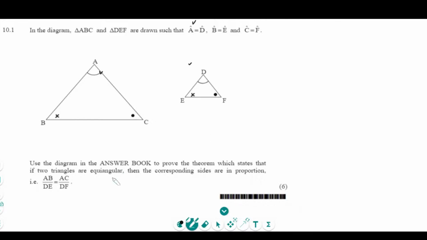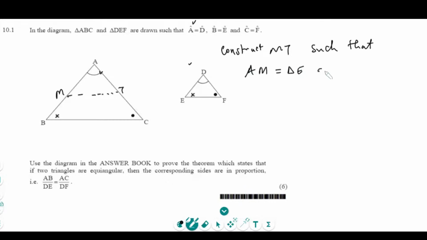whereby we look at the first drawing and then we can construct something like this. Then we can call this probably M and T. And we can say that construct MT such that AM is the same as DE, and then AT is the same as DF.